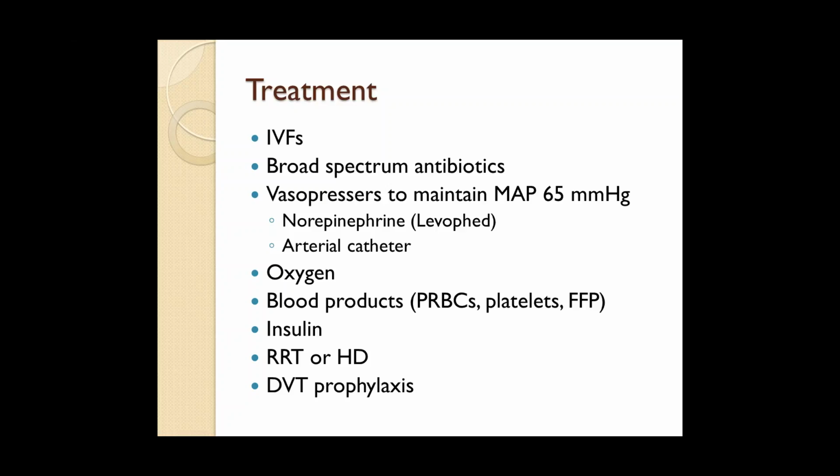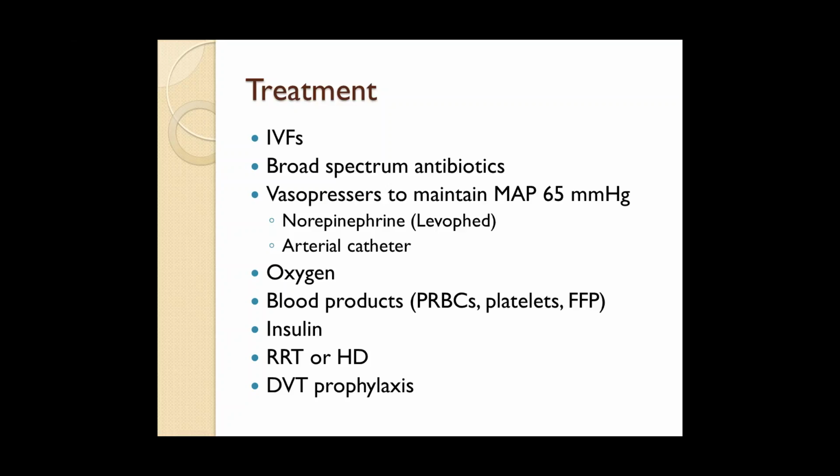The antibiotic should be administered early and quickly, but only after cultures are obtained in order to avoid missing and recognizing the underlying pathogen. If patients develop septic shock, they may require vasopressor support to maintain a mean arterial pressure of 65 millimeters of mercury. The most common vasopressor used is norepinephrine or Levophed, which would require an arterial catheter to be able to monitor the mean arterial pressure.